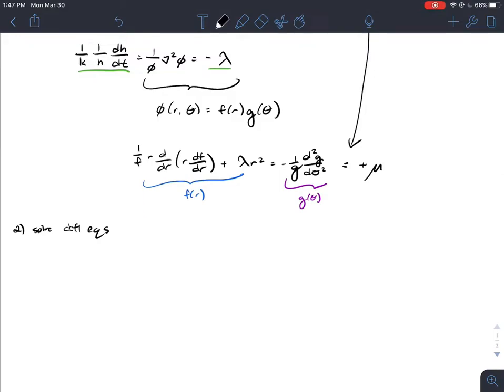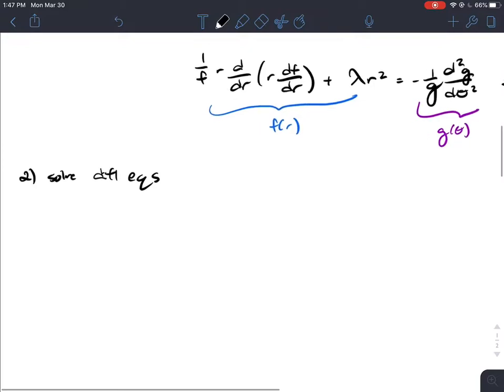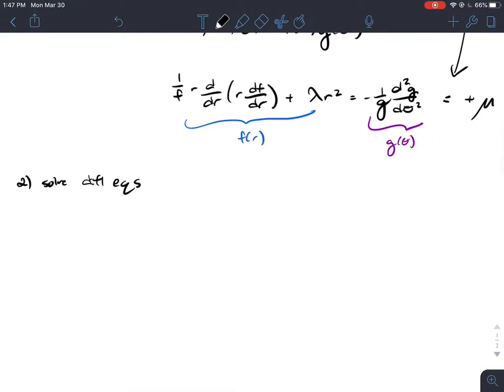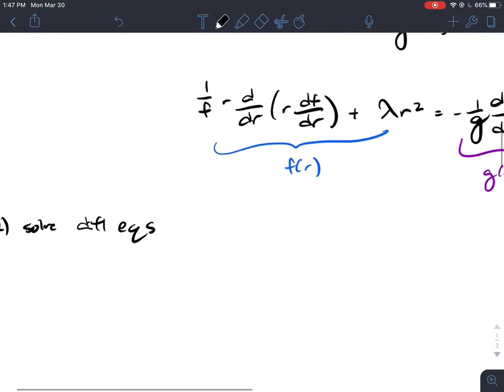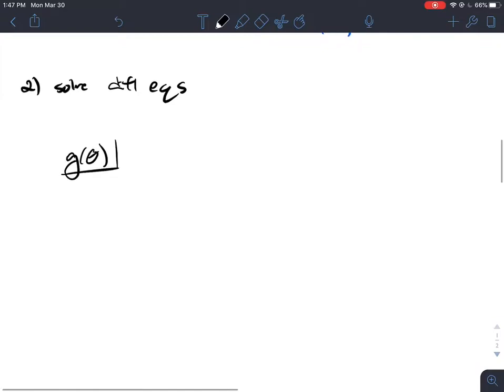Okay. Recall that we want to solve the differential equations first, such that we can get information about our eigenvalues. So I'm going to solve the g of theta case first, because that's something that's actually given on our table. So when we solve for g of theta, notice that it's periodicity boundary conditions.